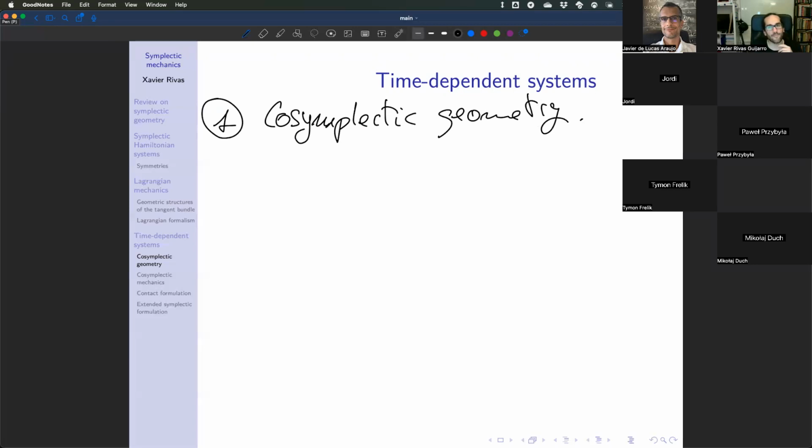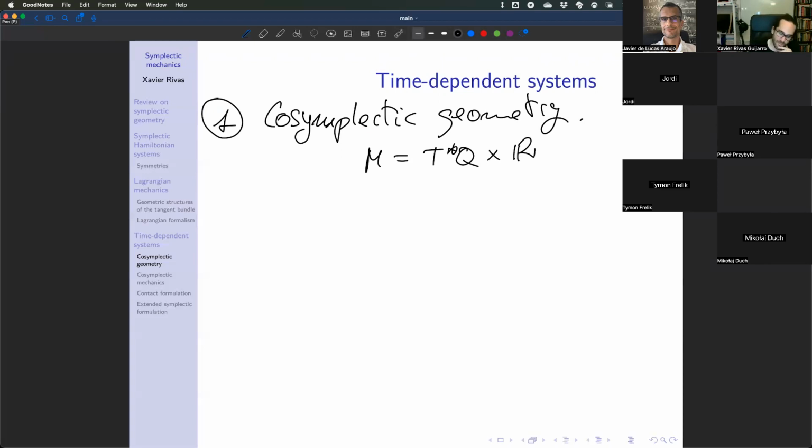This is the first idea. Using cosymplectic geometry, which is something that somehow extends symplectic geometry. The canonical model will be not a cotangent bundle, but a cotangent bundle times the real line R.